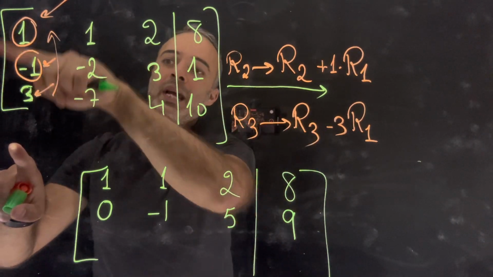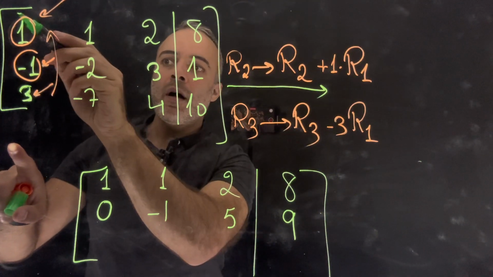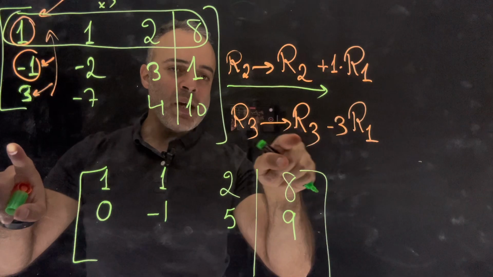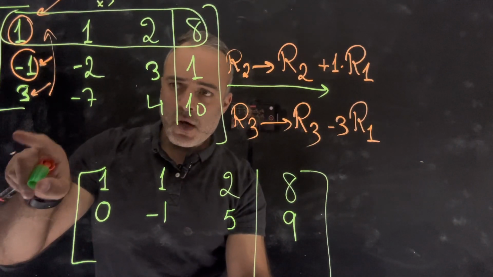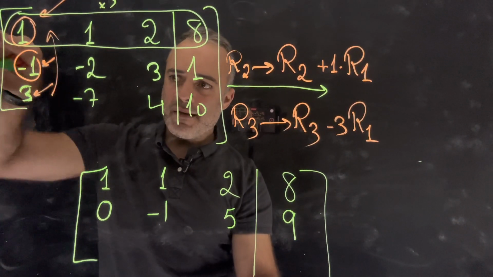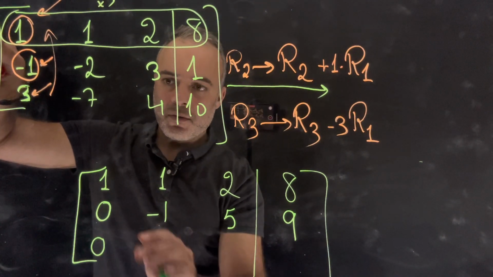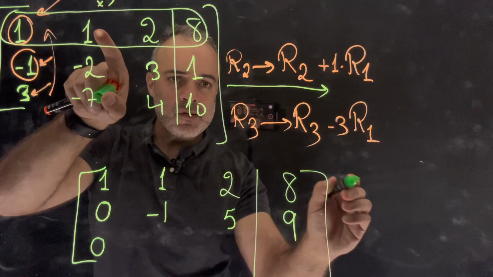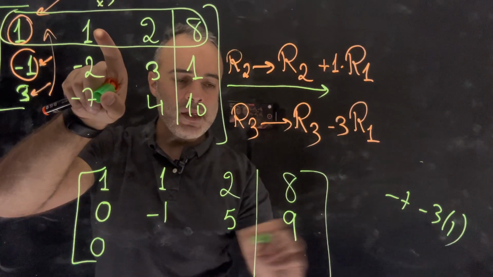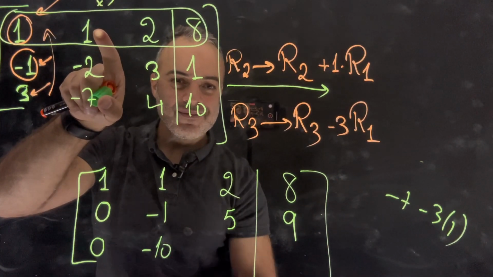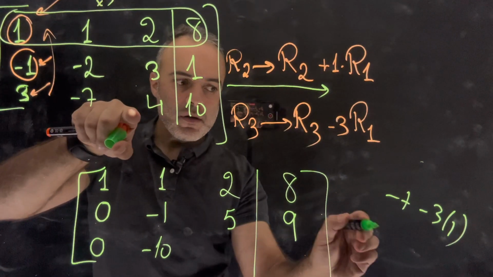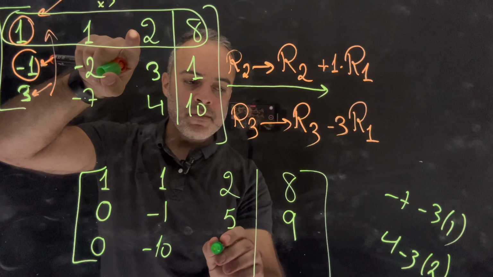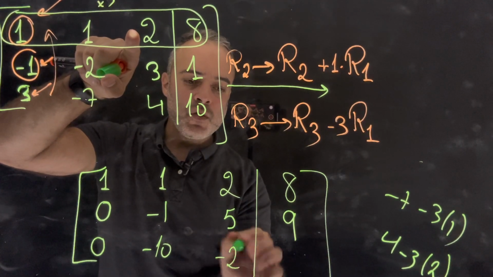Move on to R3. 3 minus 3 times R1. So I multiply R1 by 3, right? And then subtract it from R3. So 3 minus 3 times 1, that is 0. -7 minus 3 times 1, that is a -10. 4 minus 3 times 2 becomes 4 minus 6, that's a -2.